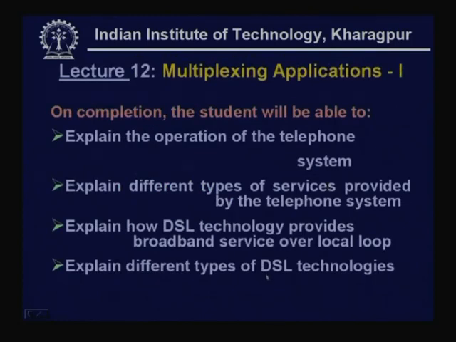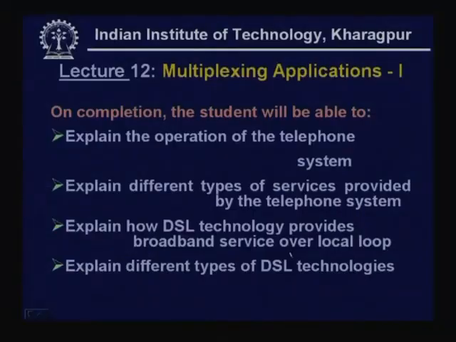On completion, the student will be able to explain the operation of the telephone system, how a telephone system works. Then explain the different types of services provided by the telephone system. It will make him aware of the different types of services being offered, and he or she can choose the service required for the application.